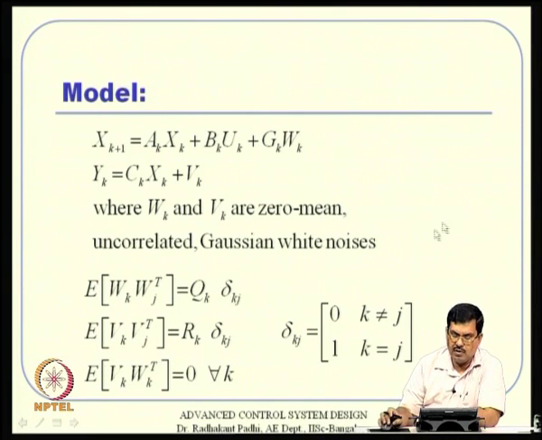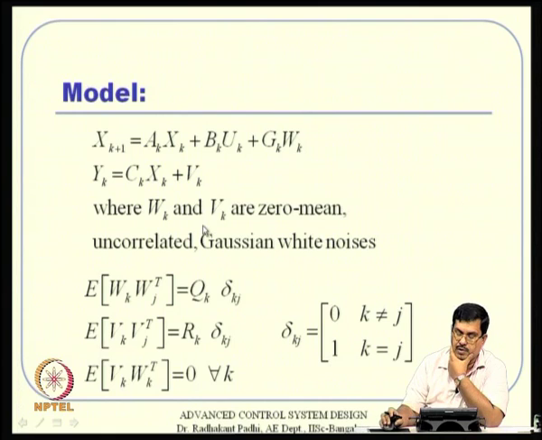The assumption of Gaussian is made both to address the realistic situation, that most of the time the noise happens to be Gaussian, and once you assume Gaussian noise, there are a lot of nice properties for which the theory becomes complete. For example, if you have a Gaussian distribution, then mean and variance give us the entire picture. More than that there is nothing. So, once you know the noise is Gaussian, and once you know the mean and its variance, we are probably done. Theory becomes complete basically.